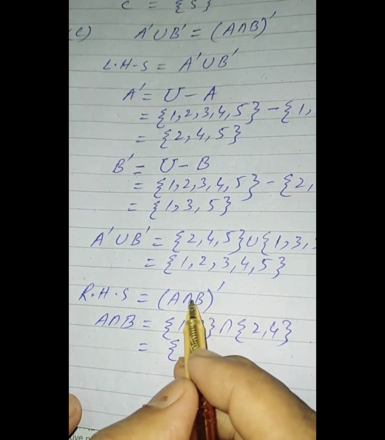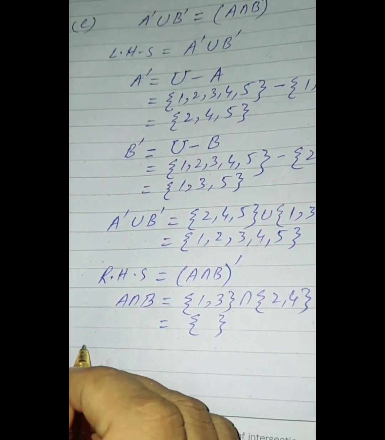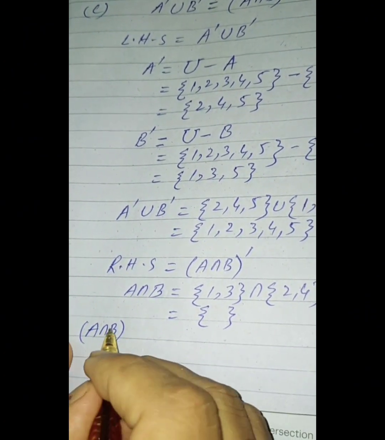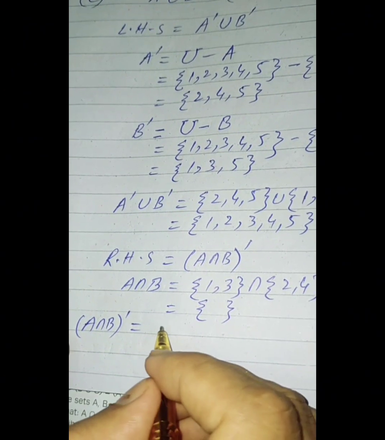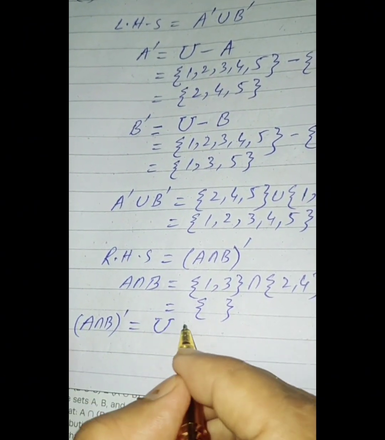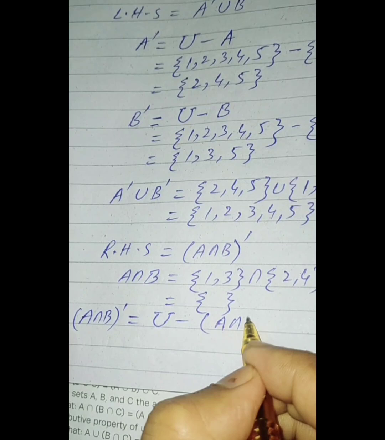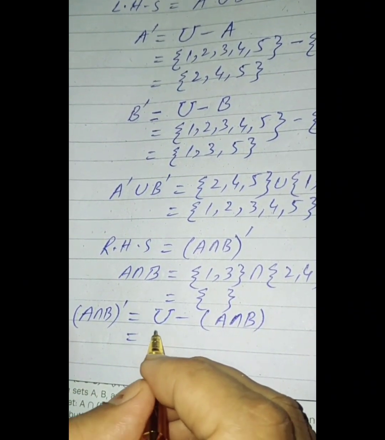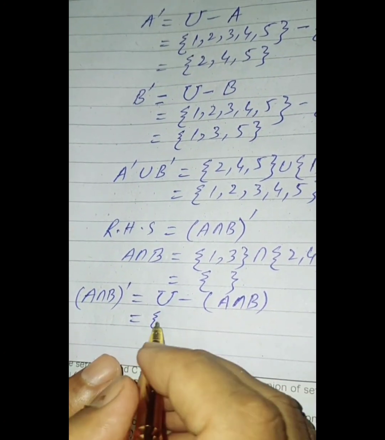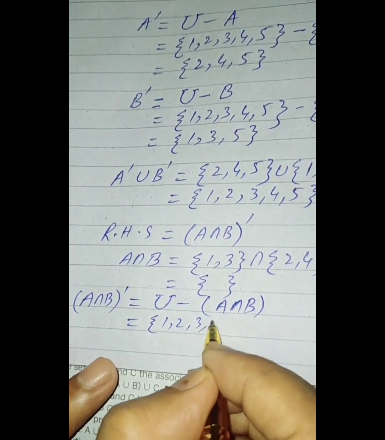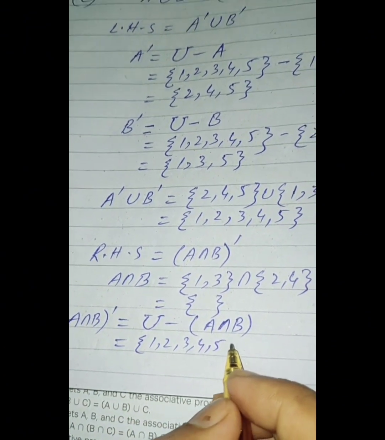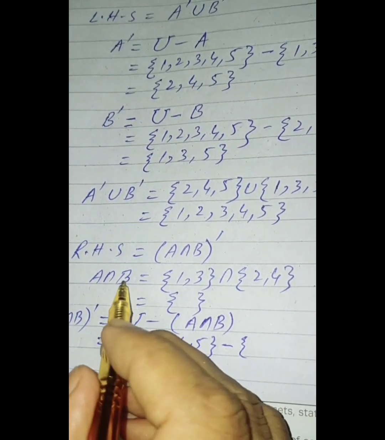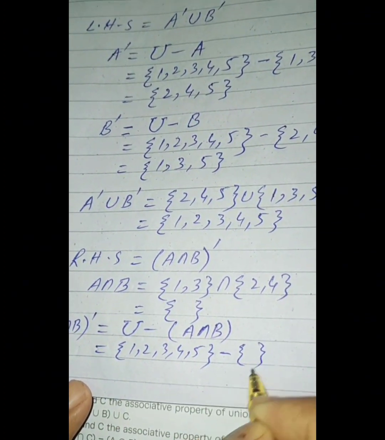Okay, now we will take the complement of this A intersection B. So A intersection B whole complement will be equal to universal set minus A intersection B. Universal set is a set whose members are 1, 2, 3, 4 and 5, and A intersection B is an empty set.